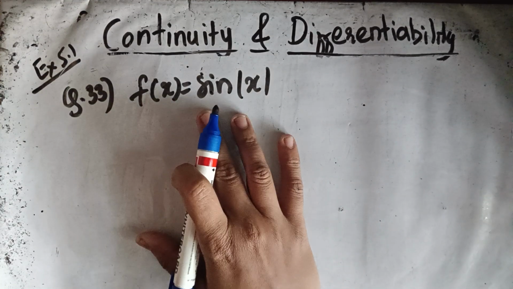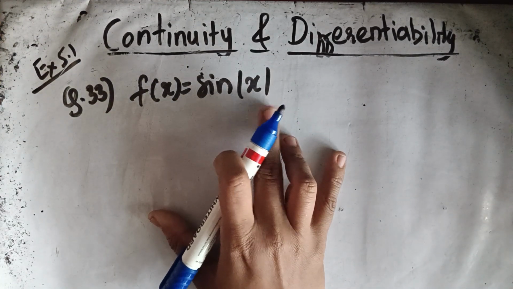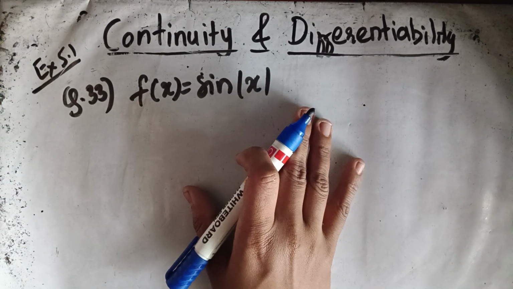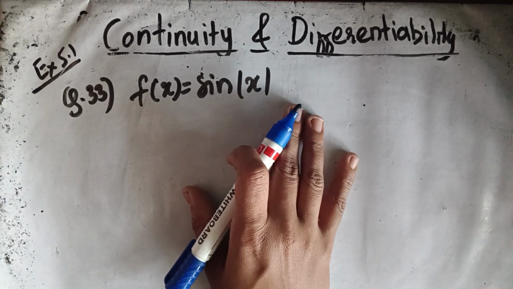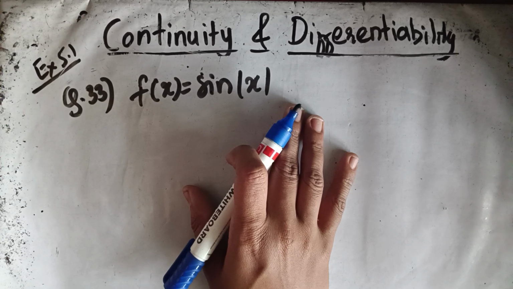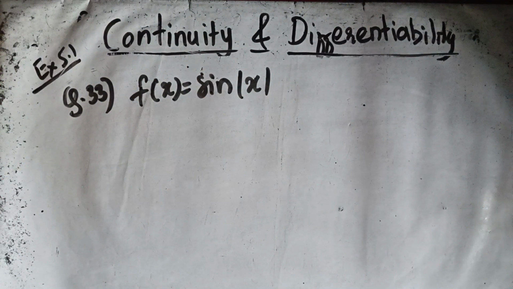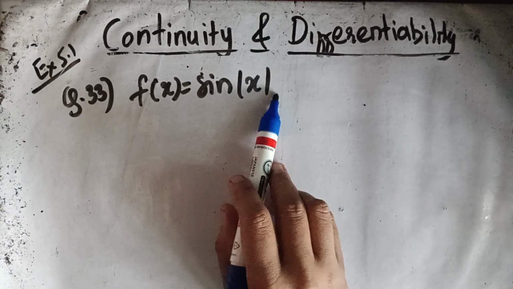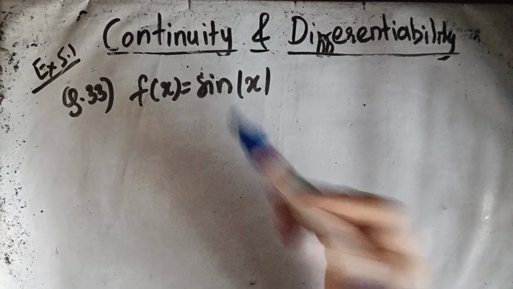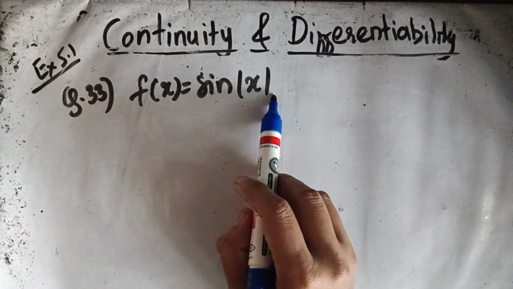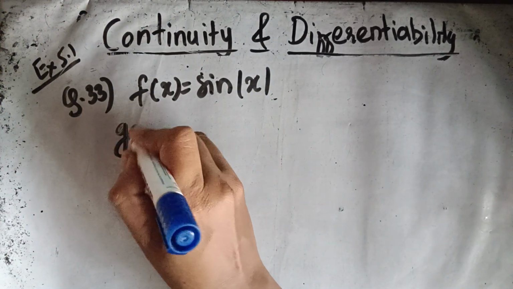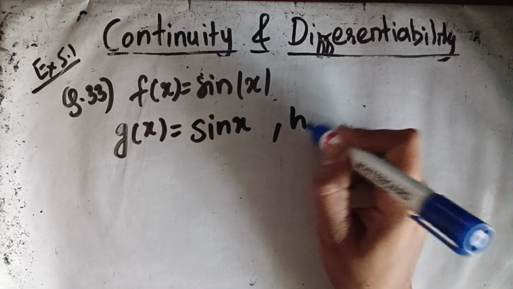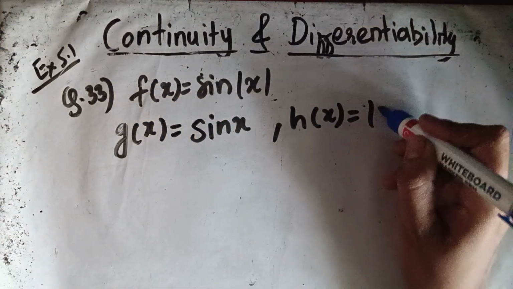Next, they have taken sine of mod of x. Okay, so here also the same thing. So this is sine of mod of x. So here also two functions are there, sine of x and mod of x. Okay, so your g of x is sine of x and h of x is mod of x.